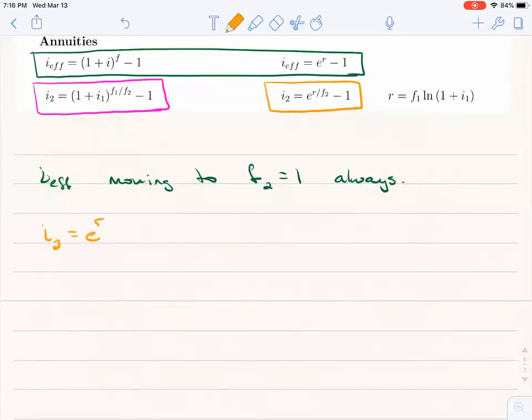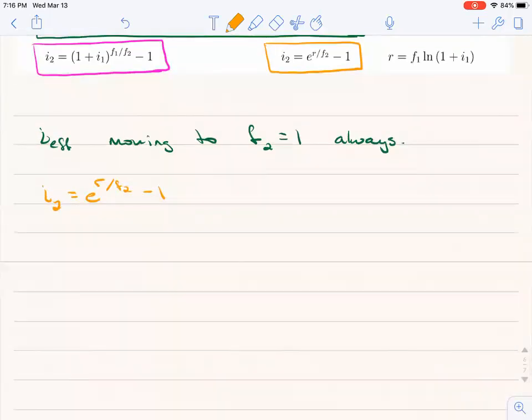I2 equals e to the r over F2 minus 1. That's when we're moving from continuous, so F1 is continuous, and F2 is the new frequency.